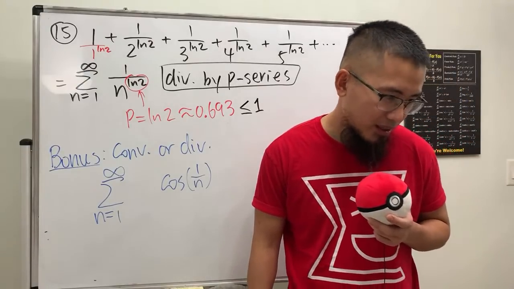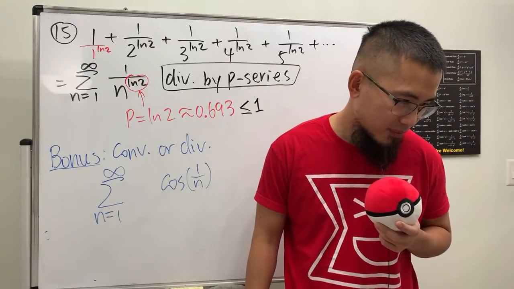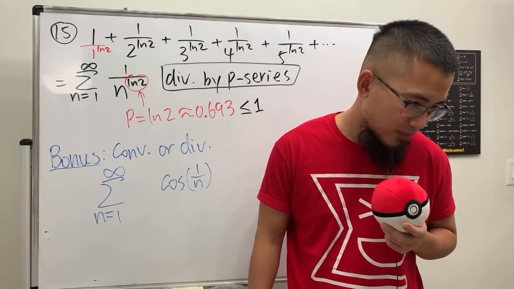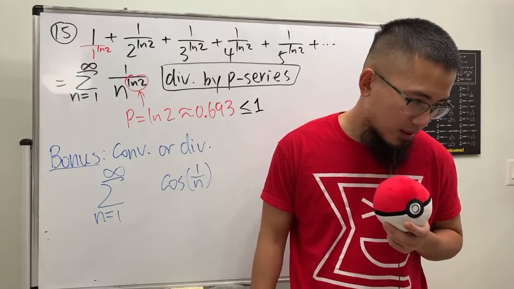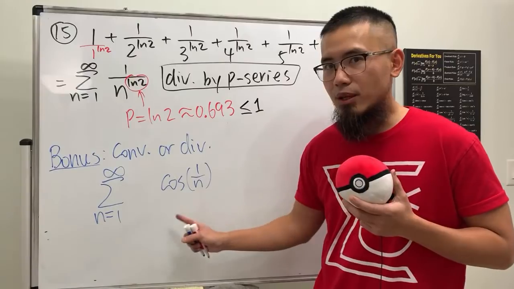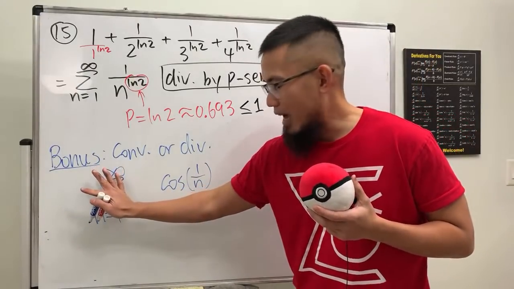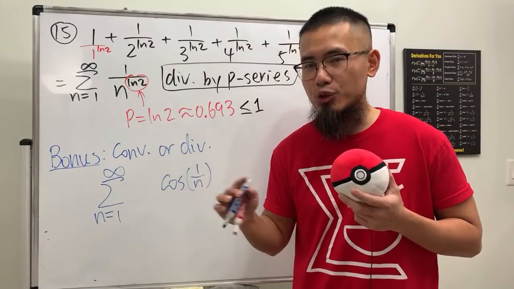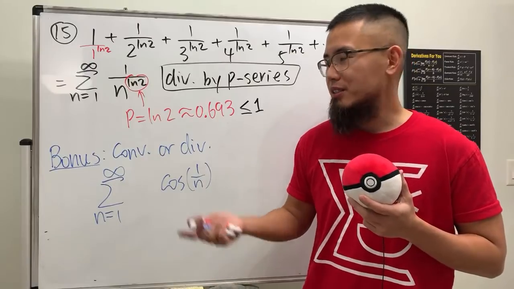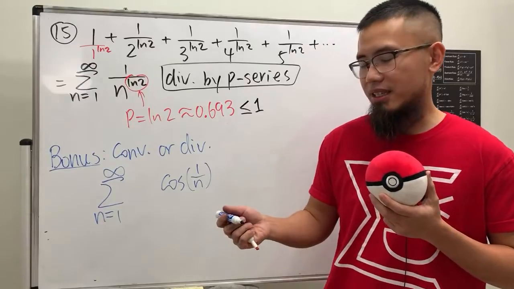This right here diverges. How come? Because if you take the limit of cosine of 1 over n, that goes to 1, which is not equal to 0, so you can just use the test for divergence. So yes, if you just have this right here, it diverges, very nice.